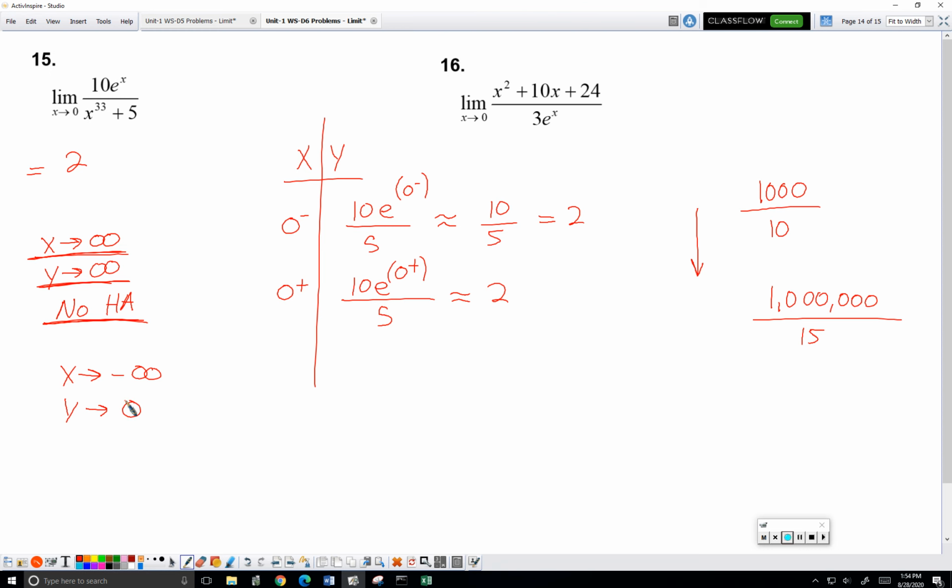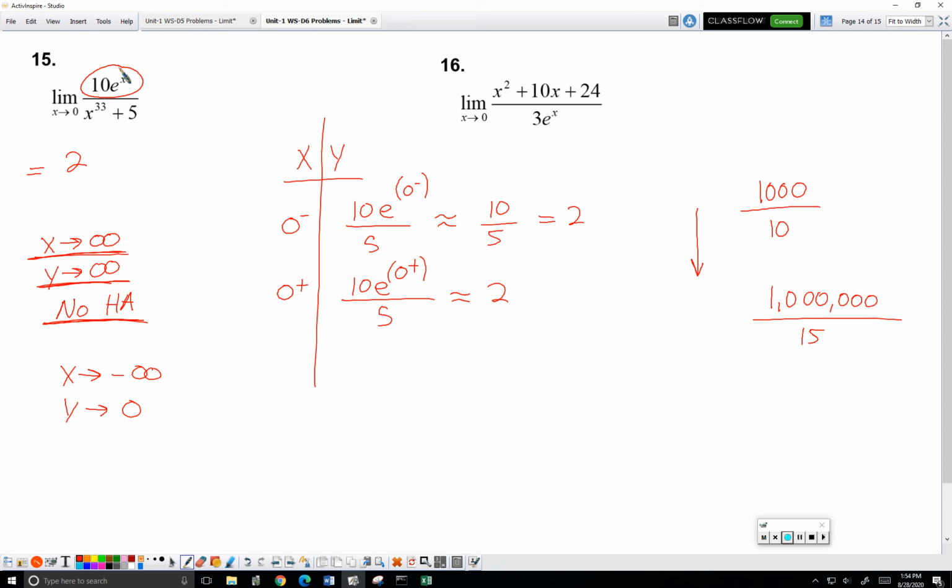I'm gonna just change one thing in your thinking just for the future. As you plug in x values of negative 10, negative 100, etc., the top is going to go to 0 really quick. The x to the 33rd, when you plug in negative x's, because it's an odd exponent, they actually become extremely negative.